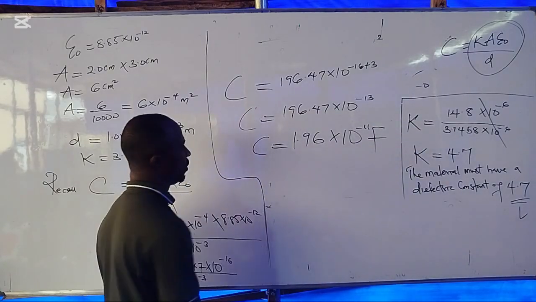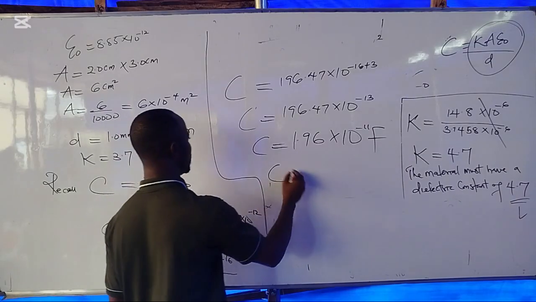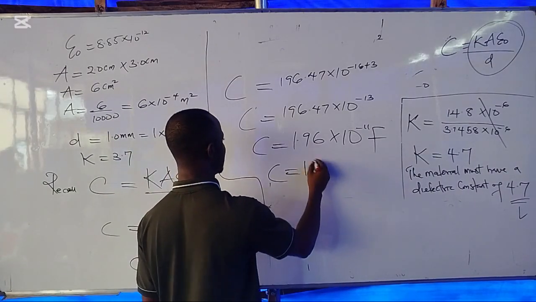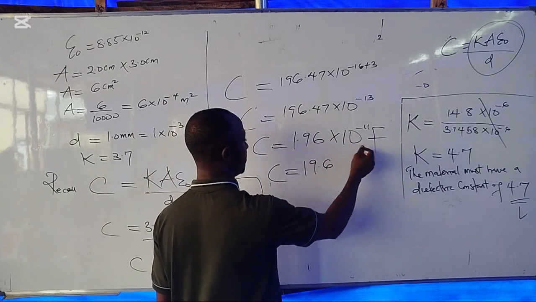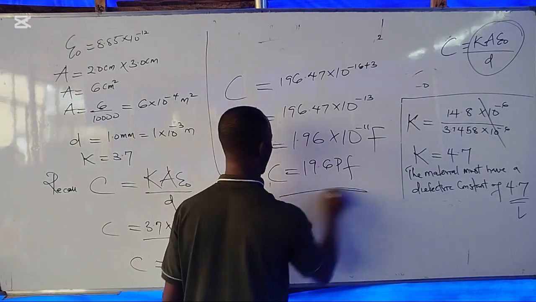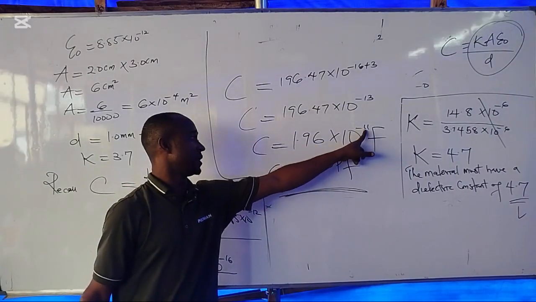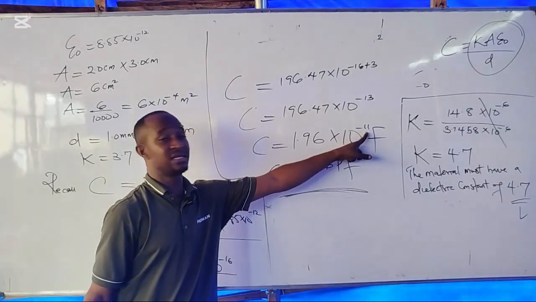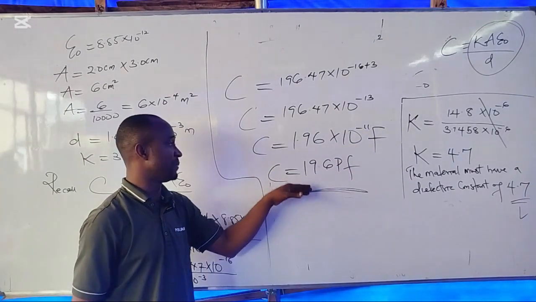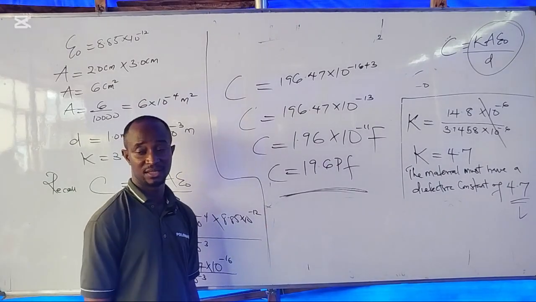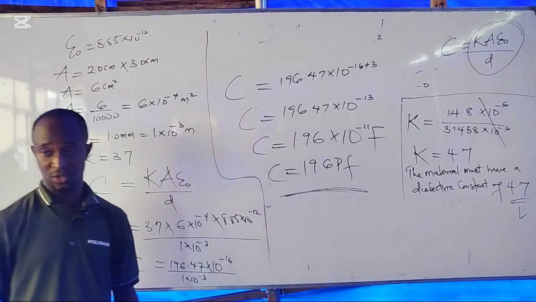Okay. This can also be 19.6 picofarad. Because when you move your point, say your point is here, what will be the power here? Minus 12, and minus 12 represents pico. So here becomes 19.6 picofarad. Is it clear? Are you sure?